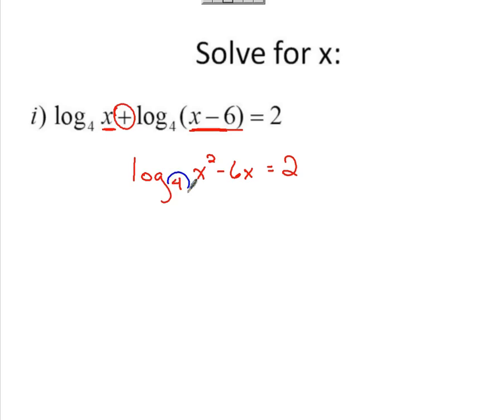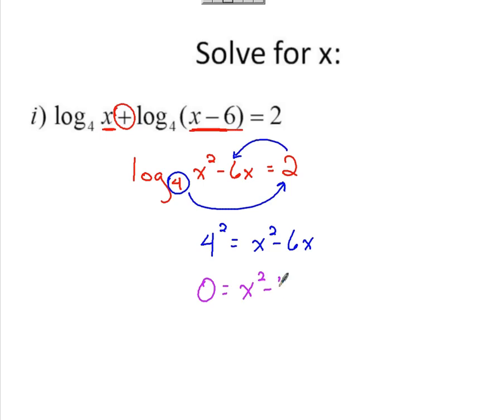We can go back to riding the merry-go-round, rewrite this in an exponential form. Rewriting this in an exponential form, you've got 4 to the second equal to x squared minus 6x. Obviously, this is a quadratic, so to solve the quadratic, 4 squared being 16, we have to subtract over, leaving us with 0 equals x squared minus 6x minus 16.